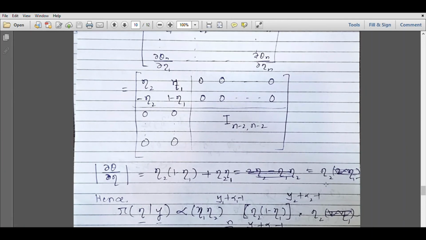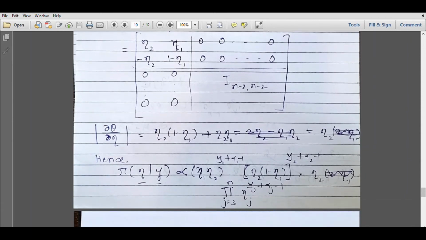So the Jacobian is eta 2 into 1 minus eta 1 plus eta 2 into eta 1. If you simplify this, eta 2 minus eta 2 into eta 1 plus eta 2 into eta 1. So minus plus will get cancelled and the Jacobian will be simply eta 2.